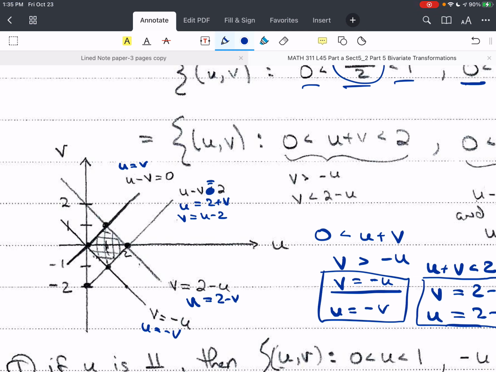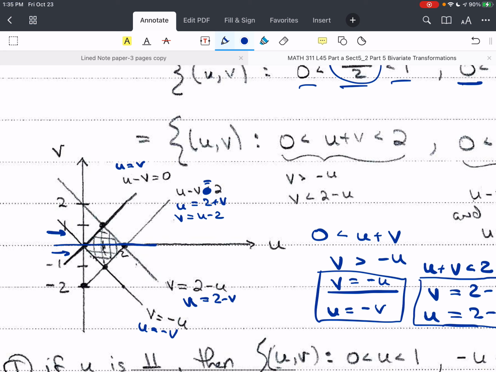This is very important. Now, when I look at this, if I'm integrating in u, then I have to break this up into two portions, because this line here is the boundary to the left when v is between 0 and 1.